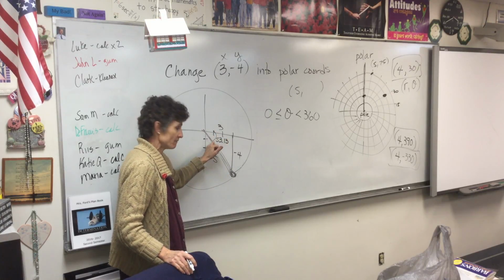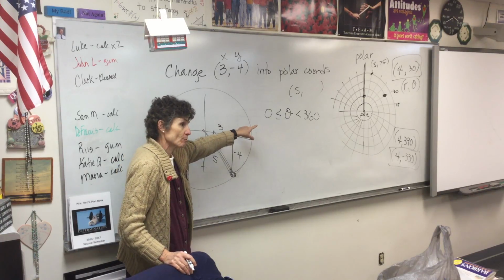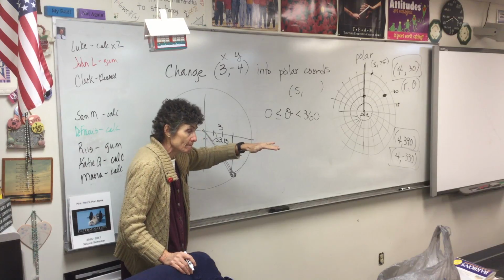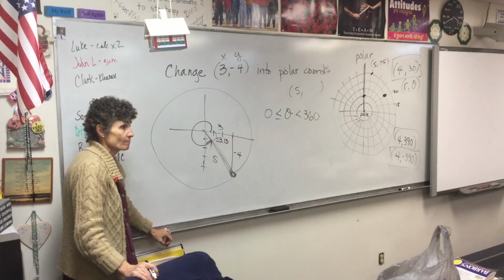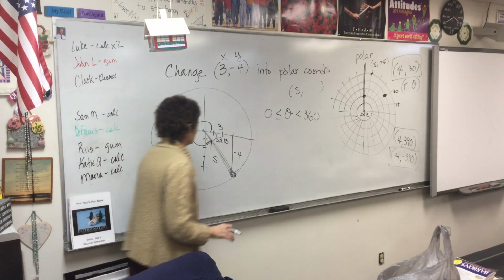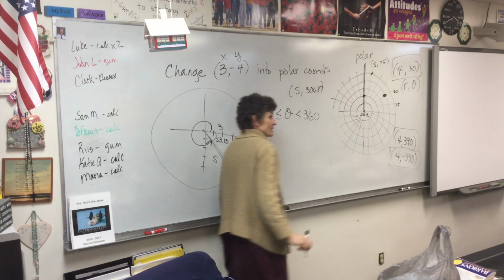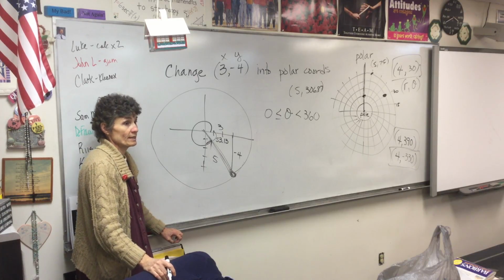Now, would -53 be an okay response to get me to this point? Yeah. But if the directions say you're between 0 and 360, which they very often do, then you use that. Then this is going to be the angle you're going to use, right? Which is 306.87. And there's the answer to the question. There are your polar coordinates.